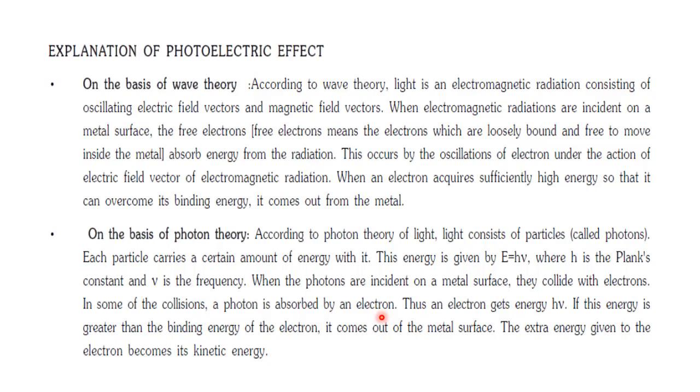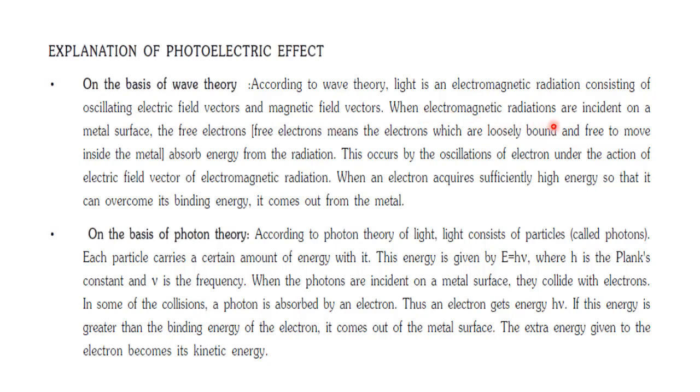Now, there were two theories established. One was based on wave theory, the other one was photon theory. But the wave theory had some defects, so finally the photon theory or the particle theory was taken into consideration to explain the photoelectric effect. Now, what was in the wave theory? According to wave theory, light is an electromagnetic radiation consisting of electric and magnetic field vectors perpendicular to each other.